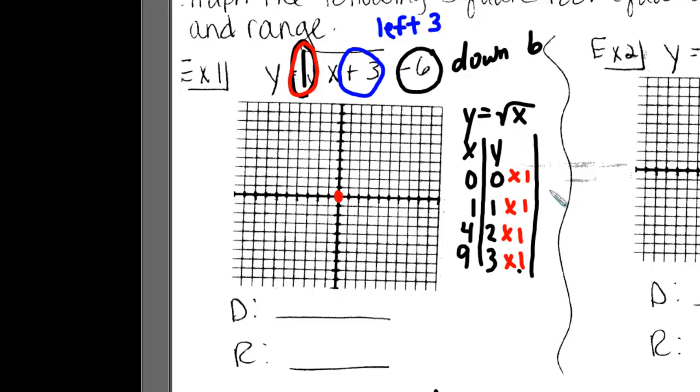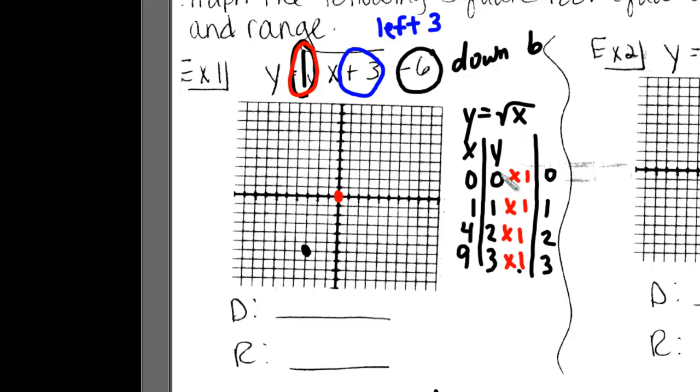So 0 times 1 is 0, 1 times 1 is 1, 2 times 1 is 2, 3 times 1 is 3. So my new center is left 3, down 6.